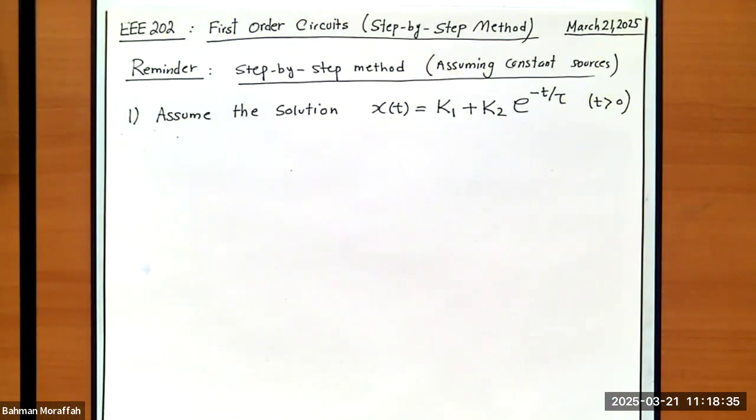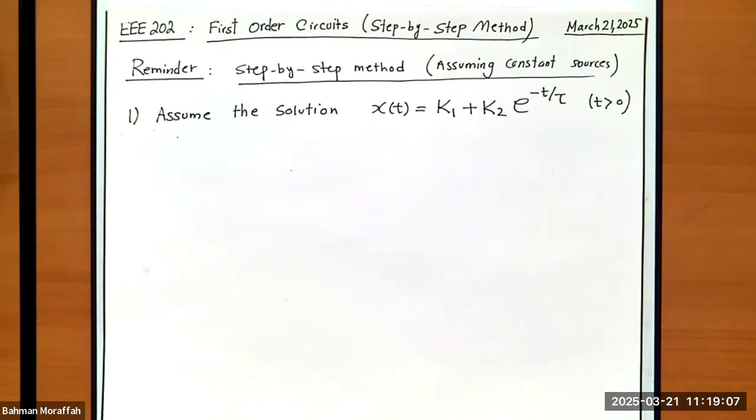The main difference between this method and the other method that we talked about, the differential equation method, is that we're not writing any differential equation. So we don't have to write this x(t) as the voltage across the capacitor or current through the inductor. This x(t) can be anything in the circuit. It could be voltage across a resistor, current through a resistor, or even current through a capacitor. None of these things are actually continuous, but we still know the solution should look like this.